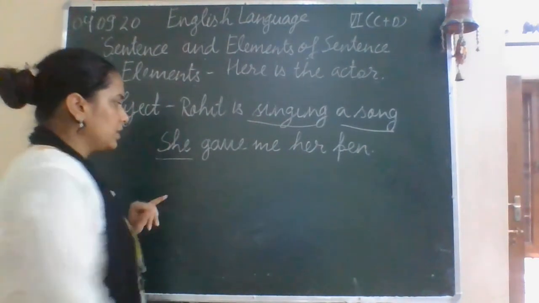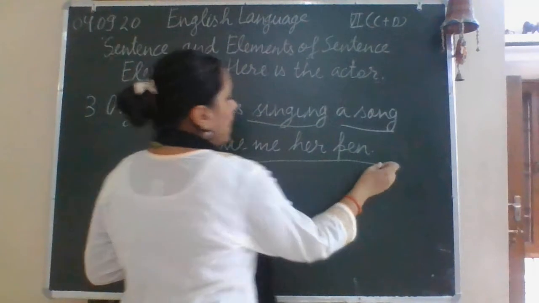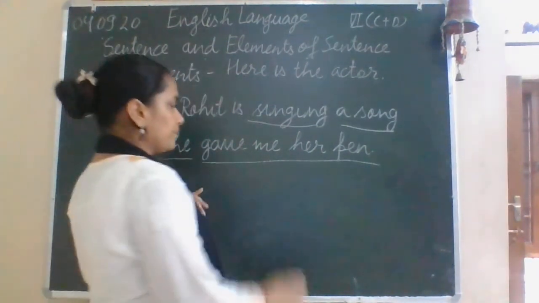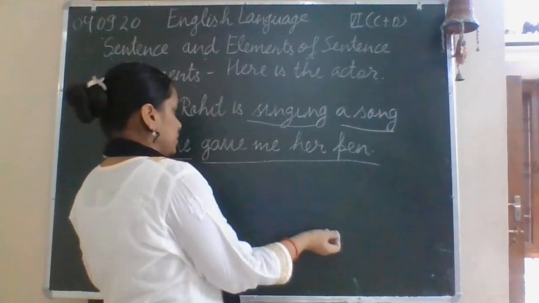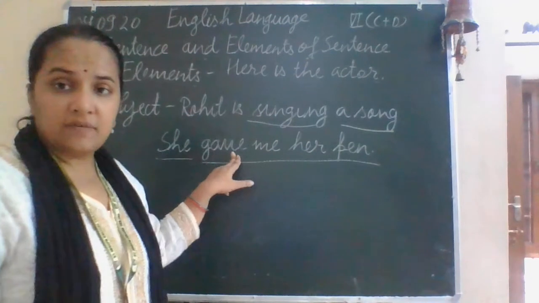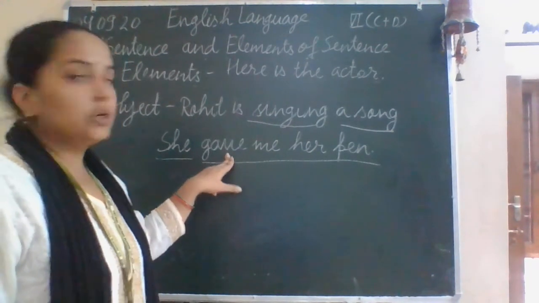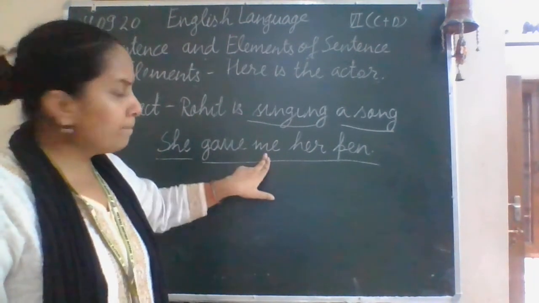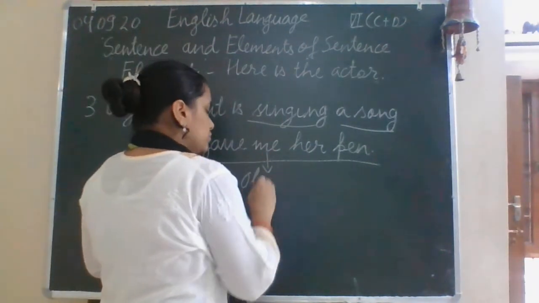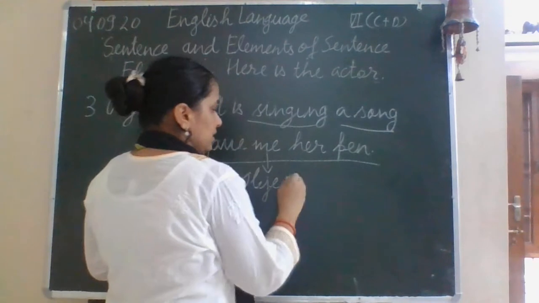She is the subject. The rest of this part is the predicate of the sentence. And here, if we talk about the object, the person to whom the thing is given: she gave me. Who is the receiver? Me. So this is the object of the sentence.